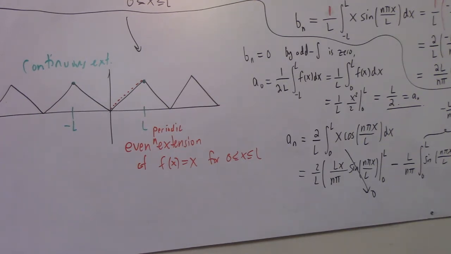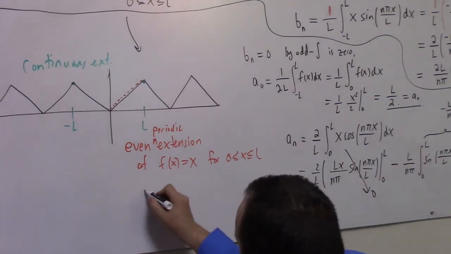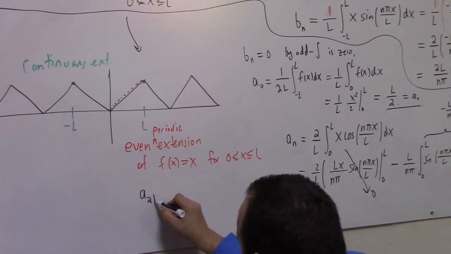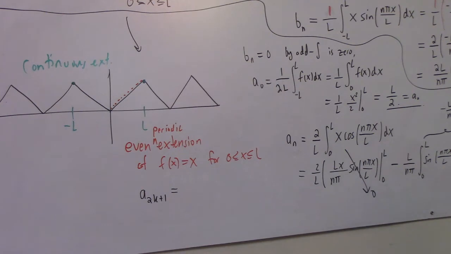Now if you think about that for a second, you see for even n it's 0, right? So in fact we can do a little sneaky stuff here and say a sub 2k plus 1 is equal to what? A sub 2k is equal to 0, because if n is even, if n equals 2k, this is 1 minus 1, 0.